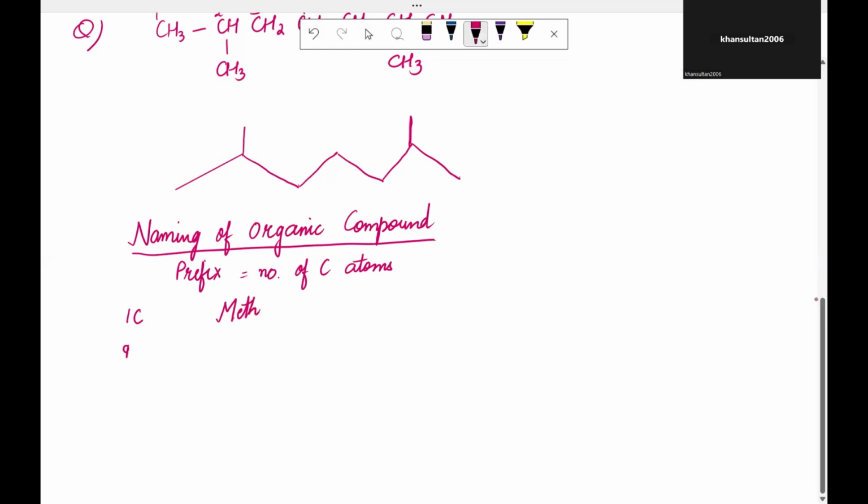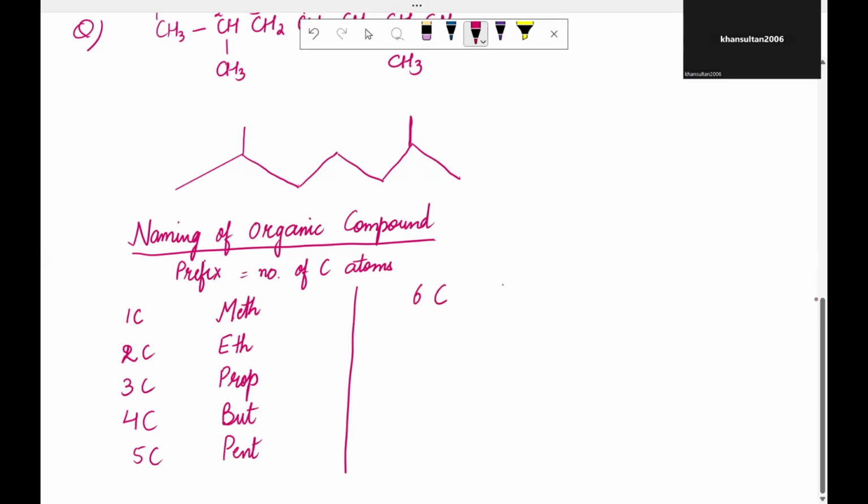When we have two carbon, we will call it eth. When we have three carbon, we will call it prop. When we are going to have four carbon, we will call it but. When we have five carbon, we are going to call it pent. And when we are having six carbon, we are going to call it hex.